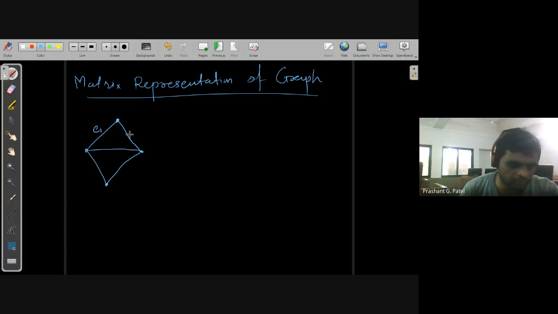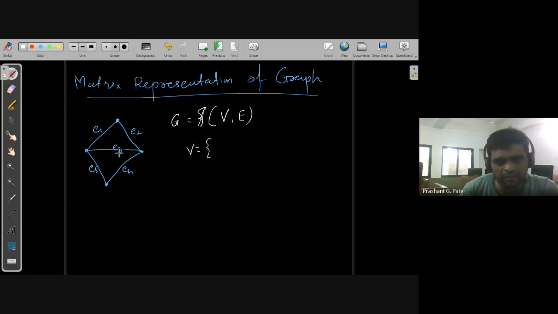So this is E1, E2, E3, E4 and E5. Now this graph G has 2 sets, or it is an ordered pair V and E, where V consists of 4 vertices.